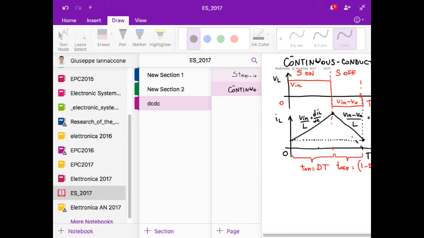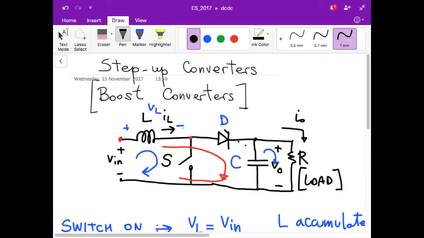Let me show you again this plot. You see here, IL goes through the diode. But of course, if IL would go below 0, the diode cannot conduct in the other direction. So basically, when IL is more or less 0, the diode would go off, and therefore IL would stay at 0, but would not go negative.